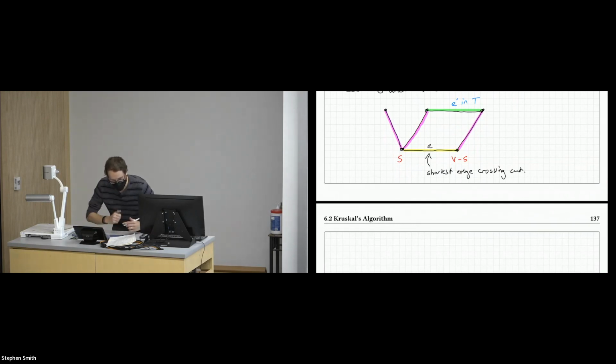So let's define T prime, which is T, add E to it, and subtract off E prime.